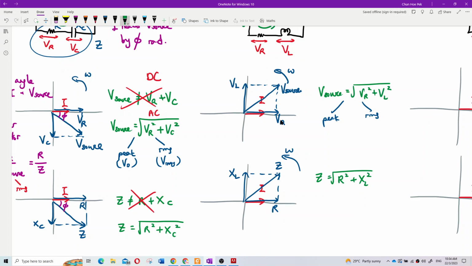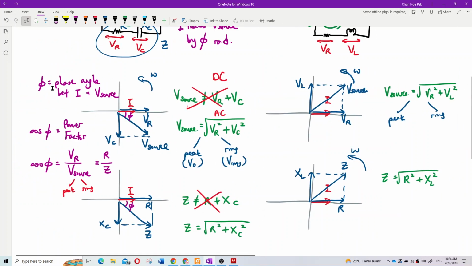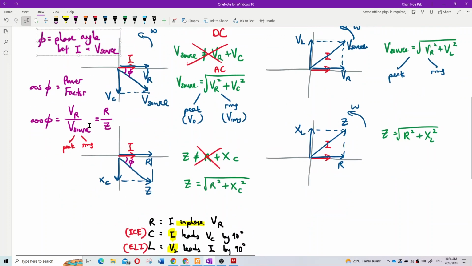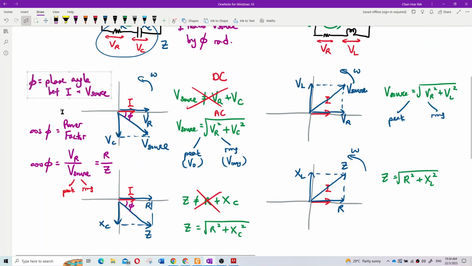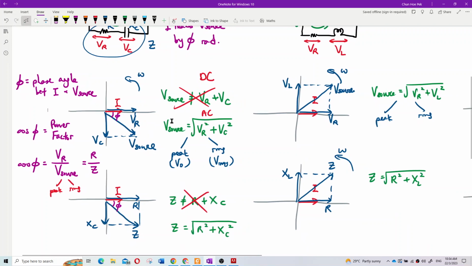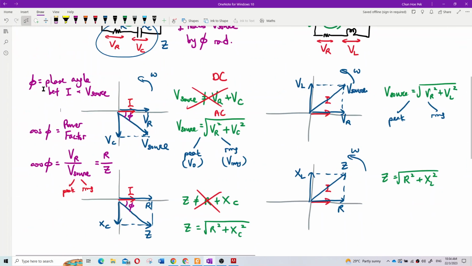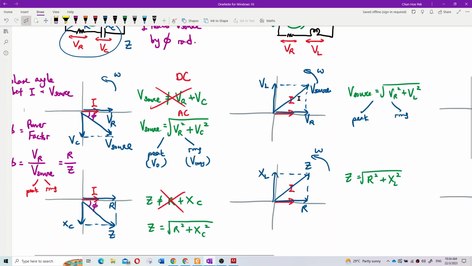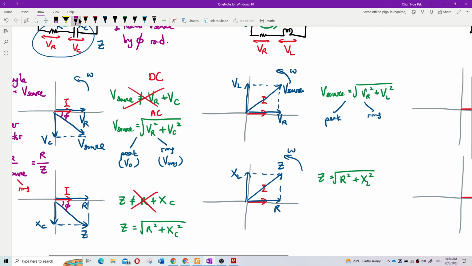And then what is phi again? Phi is the phase angle between current and V source. So here, where is our V source? Always look at these two, class.